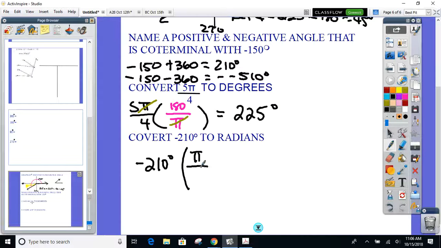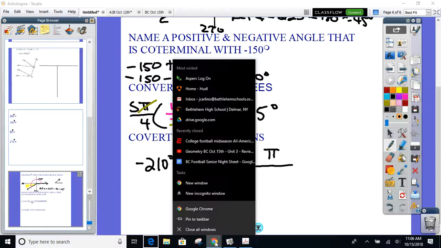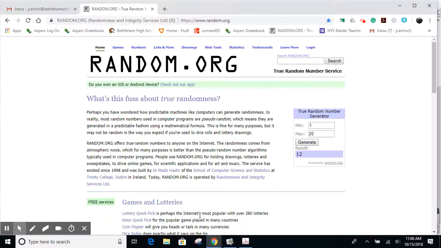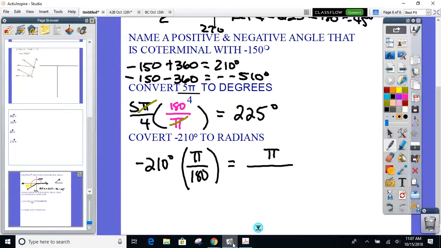Pi over 180. You leave the pi in your answer, and you reduce negative 210 over 180. Put it in a fraction template. What do we end up with? Negative over what? Didn't we show you this last week? Yeah.